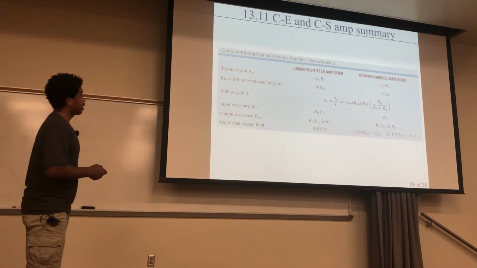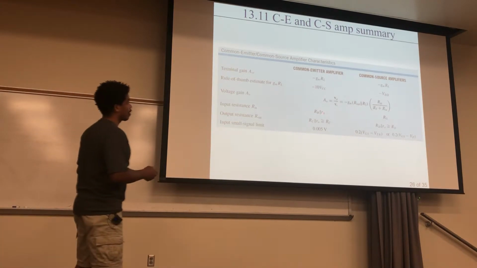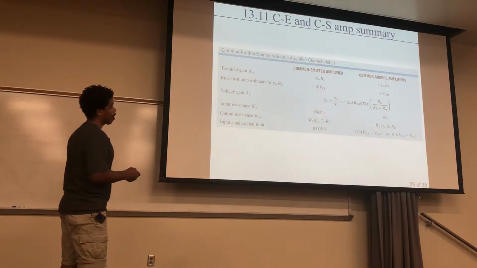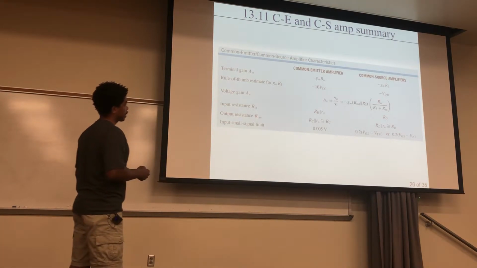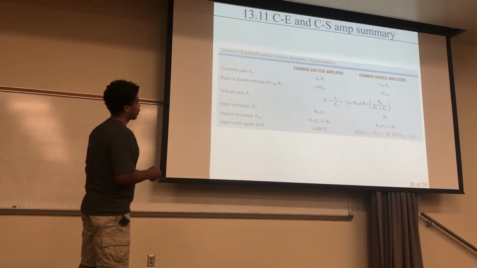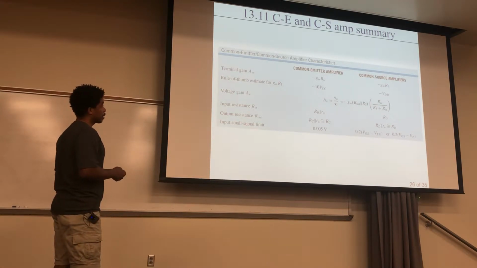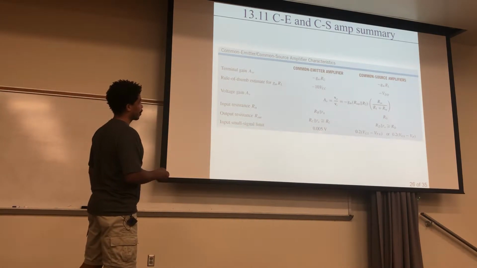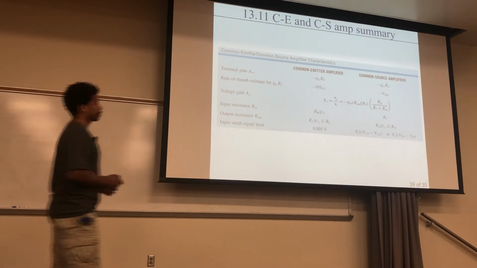For the voltage gain, it's the same for both of them. For the input resistance, you have RB in parallel with R pi. Over here you have RG. For the output resistance, you have this right here compared to that, the same kind of form. And for the small signal limit, this right here is 5 millivolts, and this right here is 20% of the difference between those. So much greater variability right there.